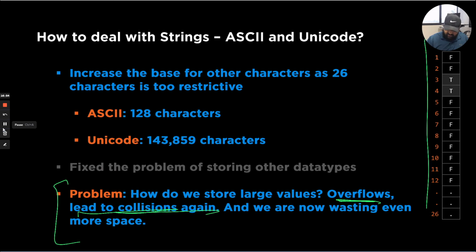Also, the tables will now be even larger, so we are wasting a lot more space. So we fixed one of the problems, which is we can now store any type of data, like a string or anything like that.